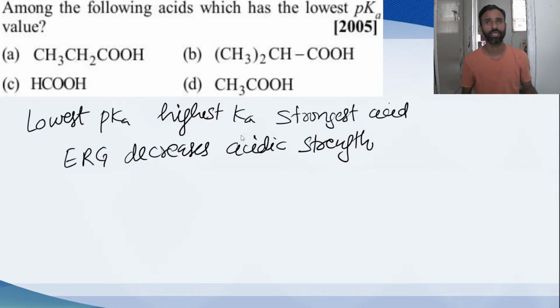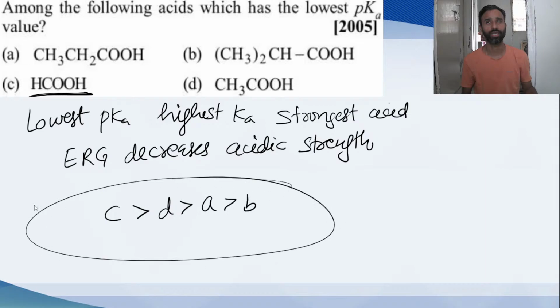So here there is no electron releasing group, that's why C is most acidic. Methyl, ethyl, isopropyl are releasing groups. Out of these, methyl is least releasing, then ethyl and then isopropyl. So this is the order of acidic strength, and the strongest acid is formic acid, having highest Ka, so lowest pKa.